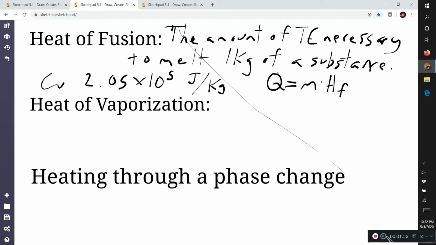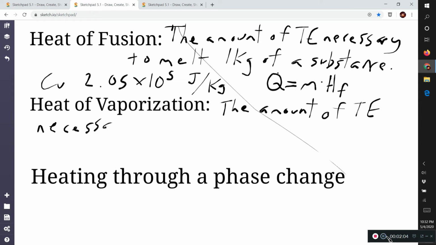So heat of vaporization is the amount of thermal energy necessary to vaporize, which means to turn into a gas, 1 kilogram of a substance.